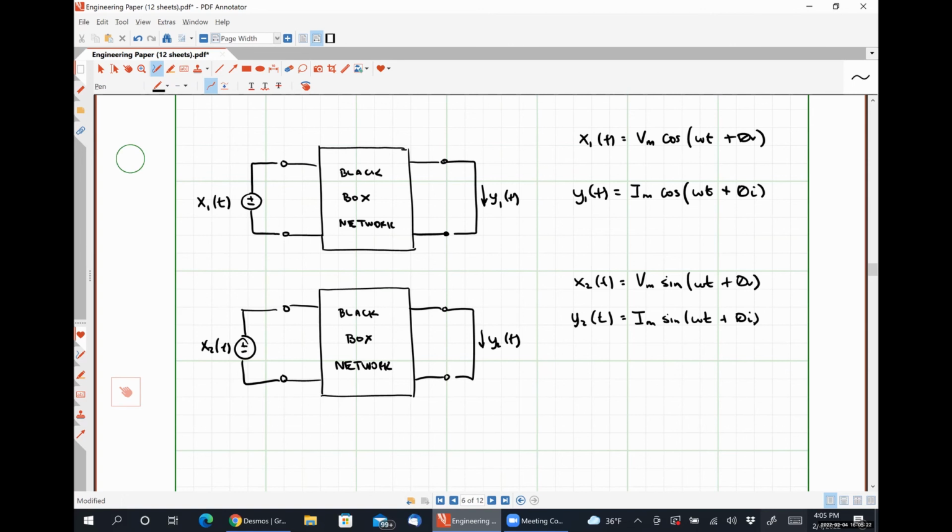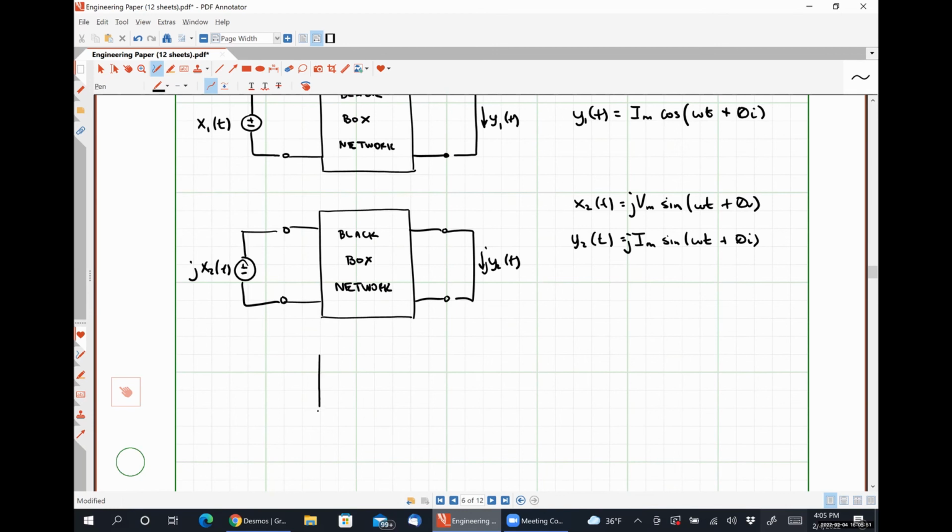Okay. So what I'm going to do here is scale my input x2 by a factor of j, because j is a time invariant quantity, right? It doesn't change with time. And so that means that my output should scale by a factor of j as well. So if I put a j here, my output goes up by j here.